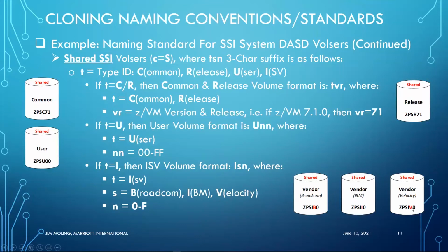Looking at the vendor volumes, I decided to separate out vendor software to their own volumes. And so this is the shared flavor of the volumes. As you can see, I have one for Broadcom for the VM suite, IBM for IBM software that isn't already included with VM that you would install, which would go on one of these volumes.